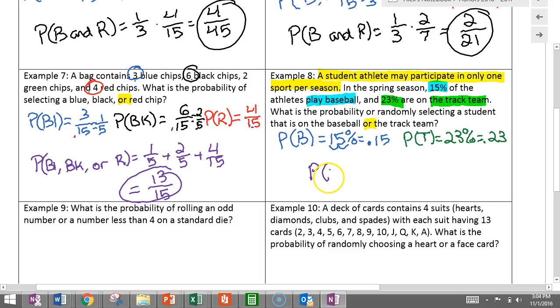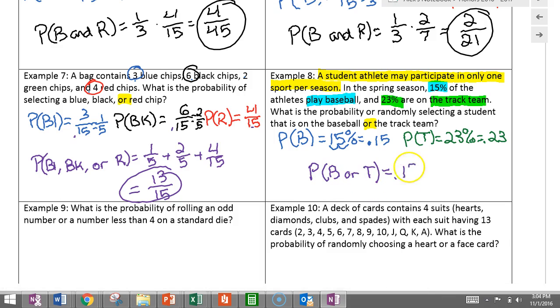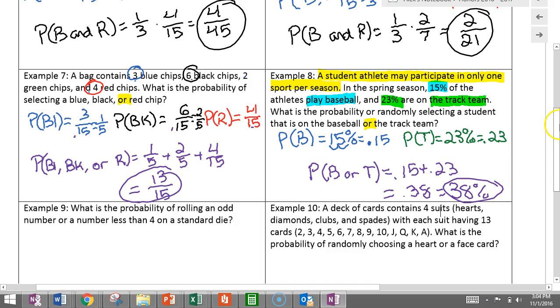The probability of baseball or track is simply 0.15 plus 0.23, which is 0.38 or 38%. So really, if it's "or" and they're mutually exclusive, you're just adding them.